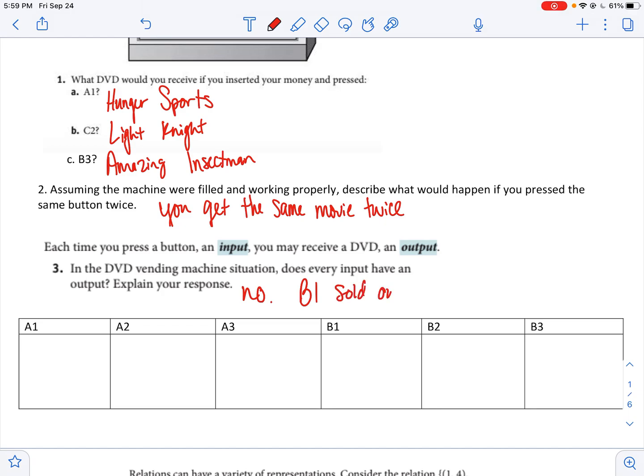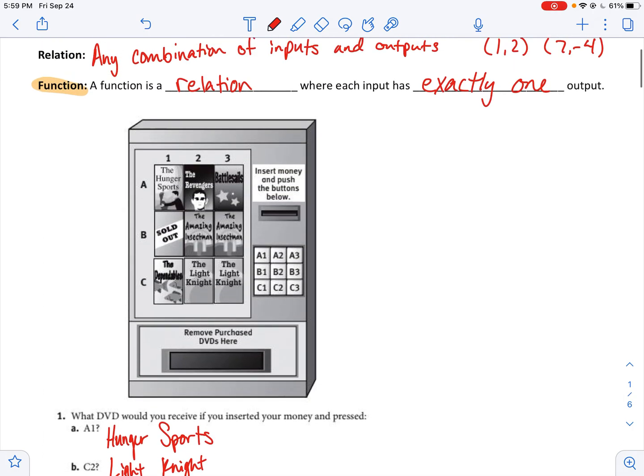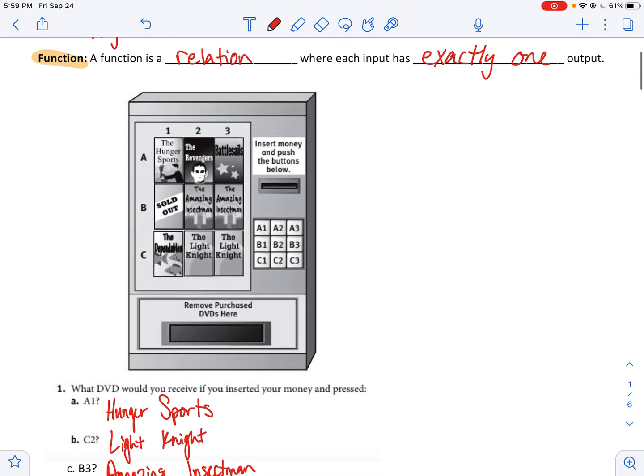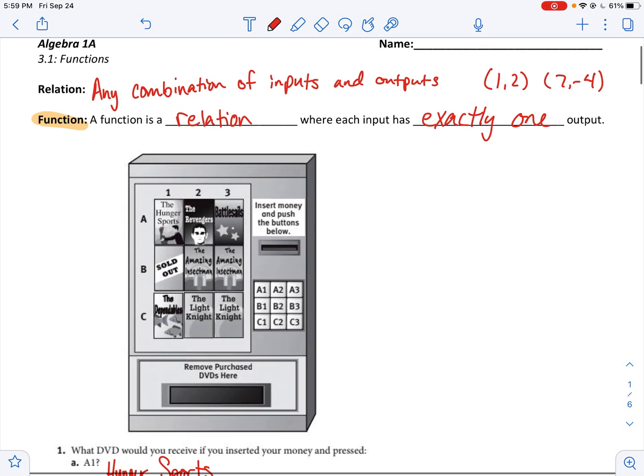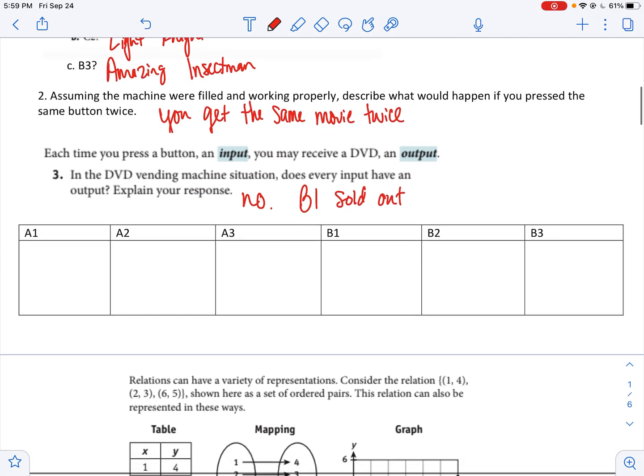I can put an input in, but I would get no output. So is this a function? Does every input have exactly one output? No, this one doesn't have exactly one. It has 0 outputs because it gives out no movies.